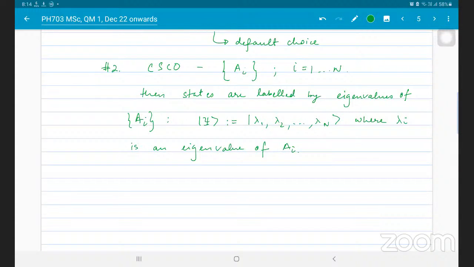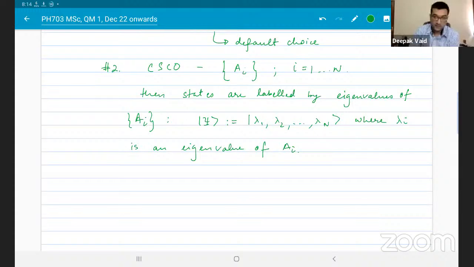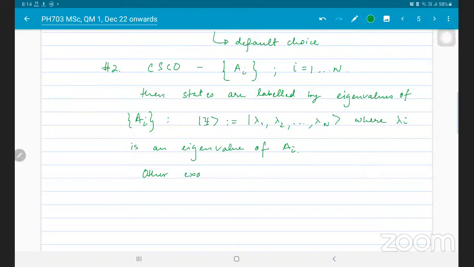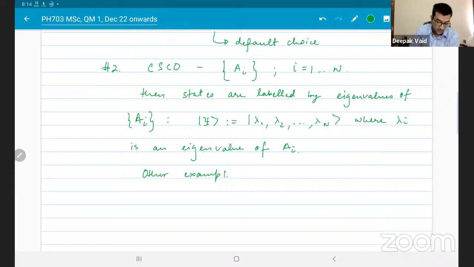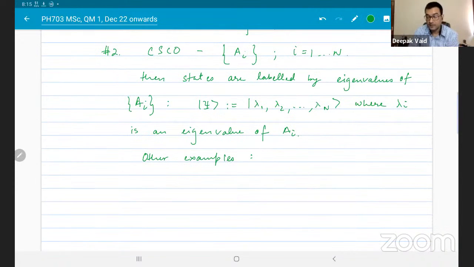Momentum or kinetic energy, sir? Absolutely. Good. Momentum and kinetic energy. Position or potential. If you are in more than one dimension, right?